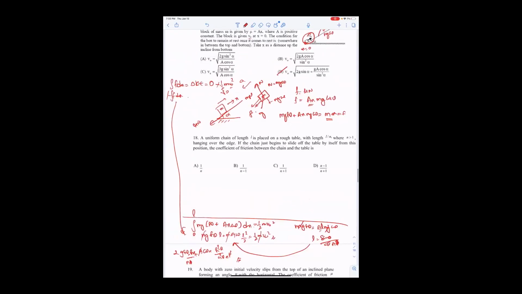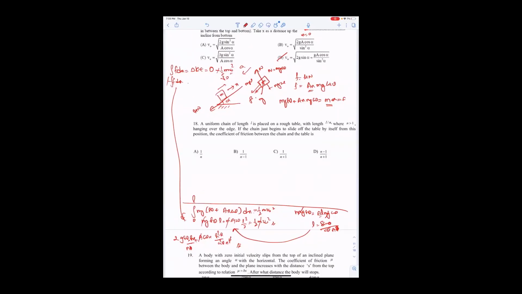Cos square theta into sin theta. Let me check. I have to simplify this. Yes, I will cross check this. So somewhere we might have missed sin or cos.